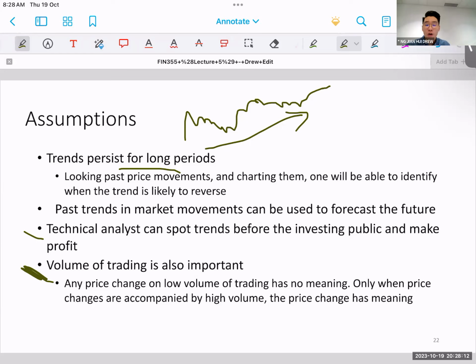If it's a low volume trade kind of trend, that is not important for technical analysts, because we want to look at what is the change in the price when there is a high volume of that particular stock being traded. So this is what's meant here. Price changes are accompanied by high volume, and therefore this price change has meaning, only when the price change is accompanied by high volume.